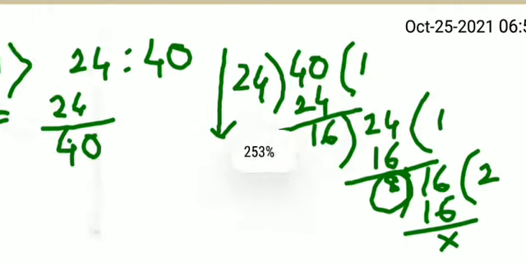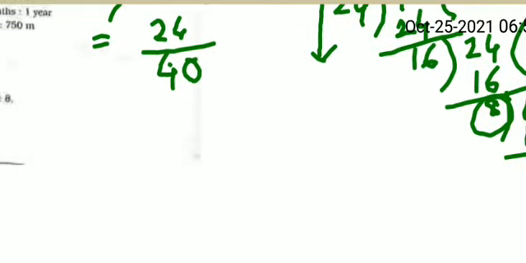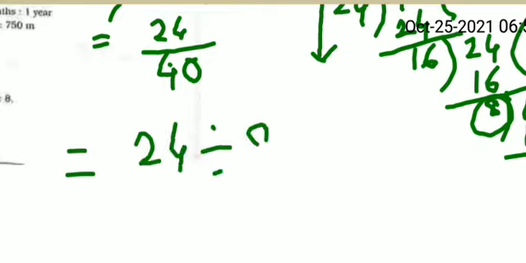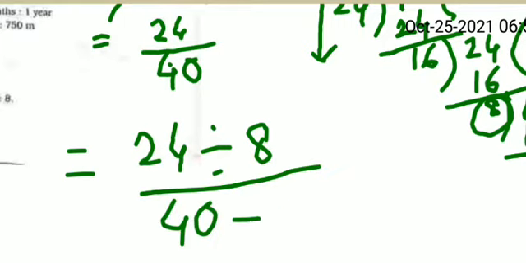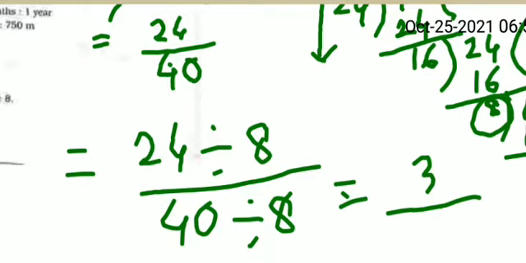8 is the HCF. So that means the two terms 24 and 40 have to be divided by the HCF. 24 divided by 8 is 3, and 40 divided by 8 is 5. So 3 by 5, that means we can write 3:5.